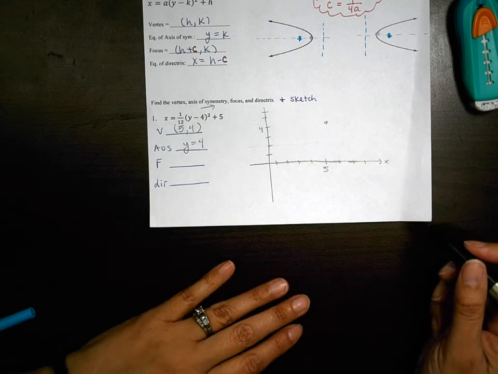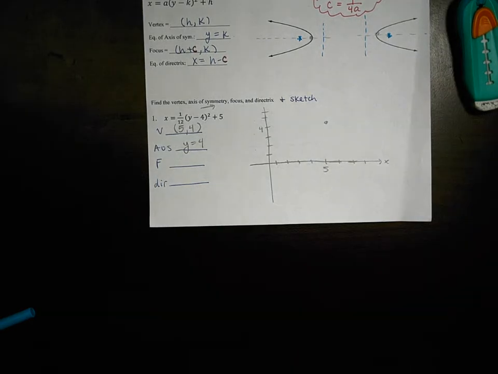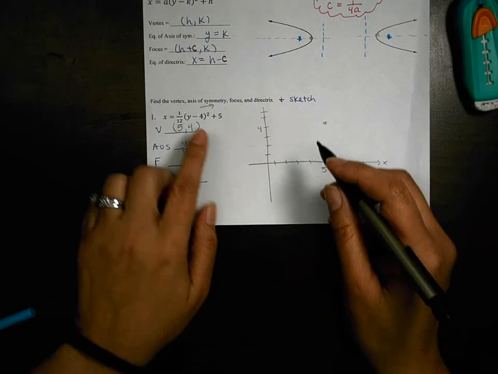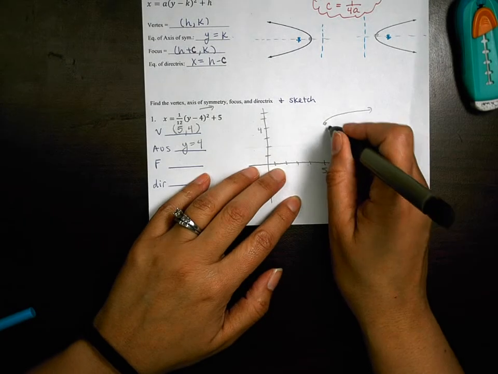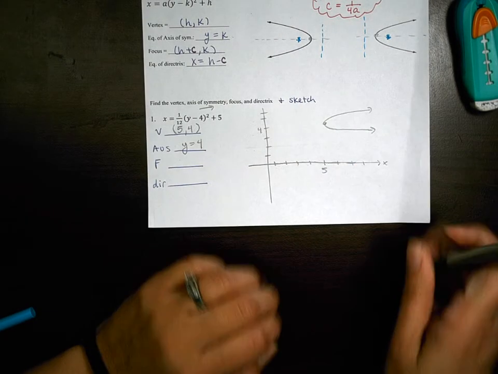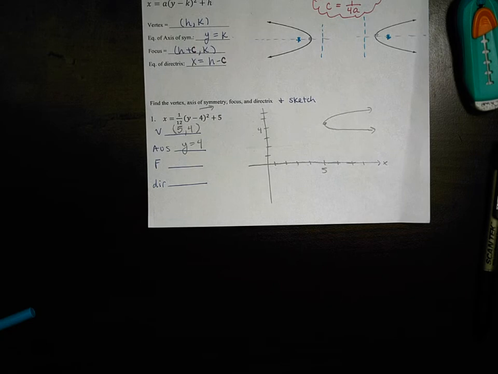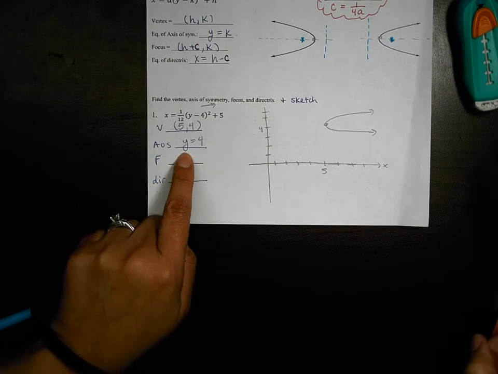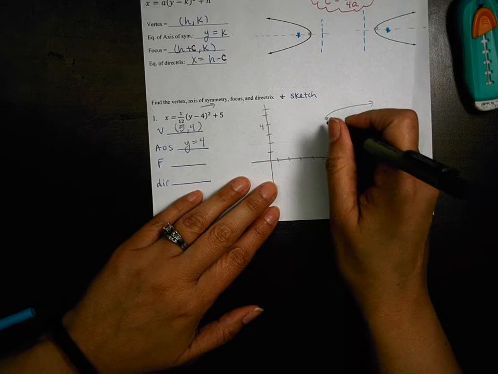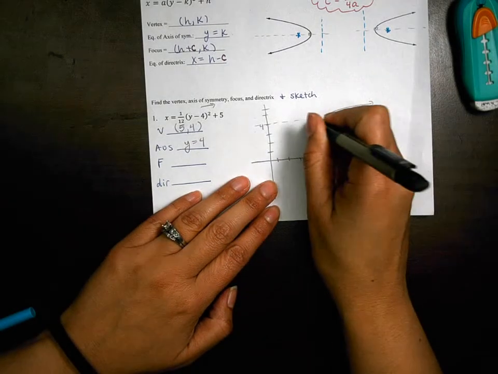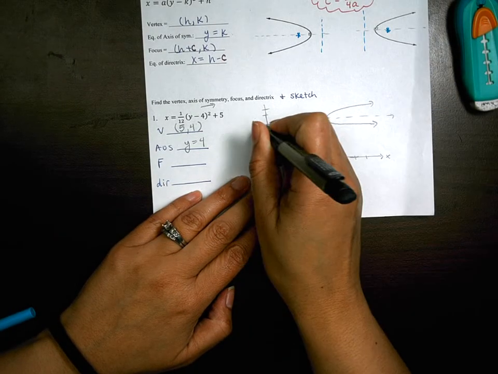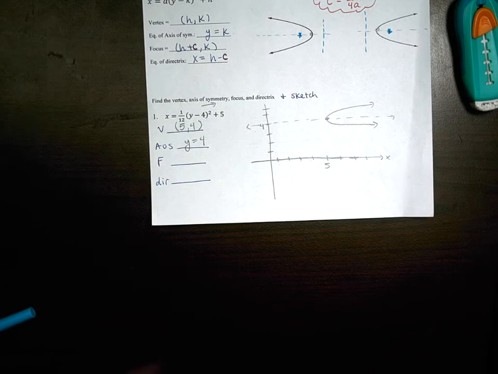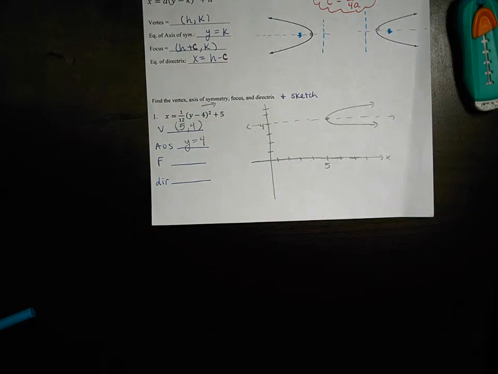All right, which way is this parabola opening? To the right. Okay. Now, y equals 4. Y equals is a horizontal line like this going through 4. Does that match what my axis of symmetry should look like for this picture?